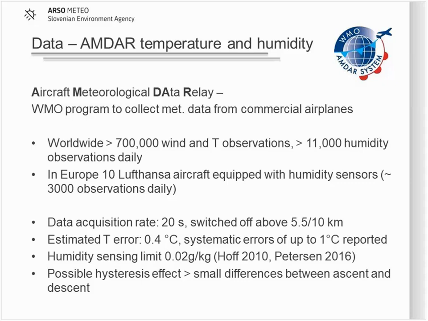There are 10 Lufthansa aircraft equipped with humidity sensors. There are many others equipped with temperature sensors, but we chose those with humidity so that we can compare both values. You can see a couple of characteristics here.